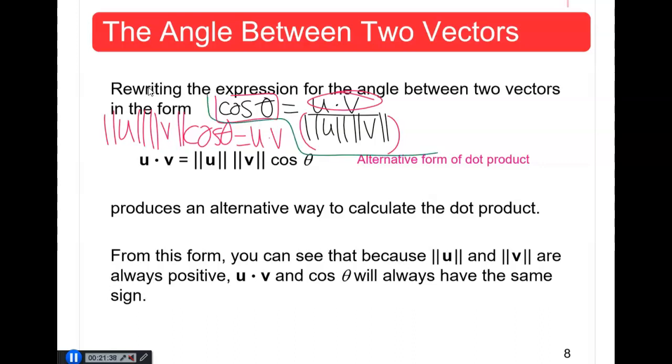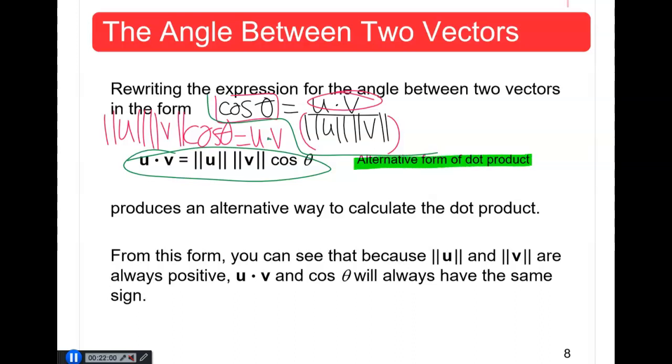And so what you see there is the same thing that we see here. It's just we have the left and right, so they're kind of reflected across the equal sign. So that is what we called an alternative form of dot product.